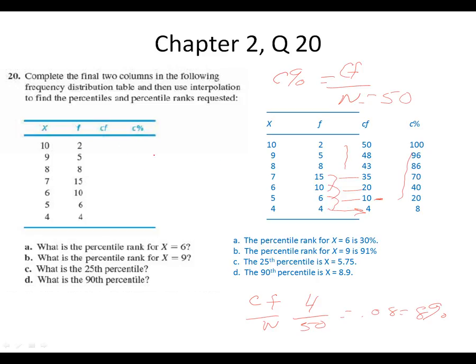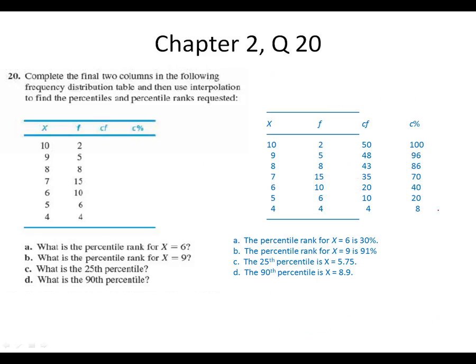The first thing we want to do is just go ahead and make a table. So the first question is what is the percentile rank for x equals 6? So we know that the real limits for that are really a half above and a half below. So we will go 7.5, 6, which is the question, is in the middle, and 5.5.